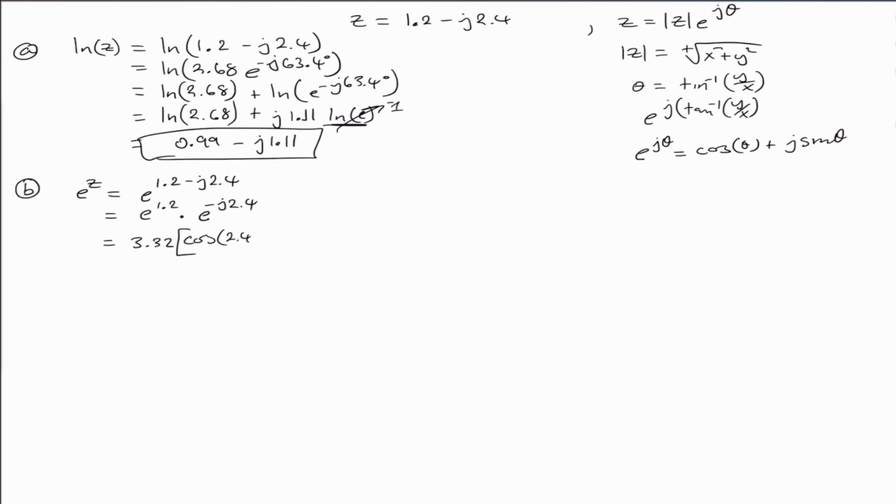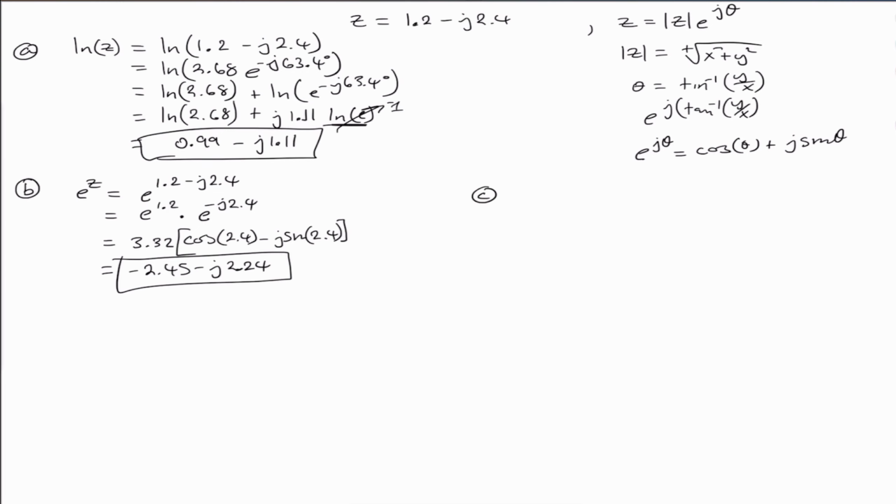Cosine 2.4 minus j sine 2.4. Put that in your calculator, punch that out. You get negative 2.45 minus j 2.24. And that is it for b.